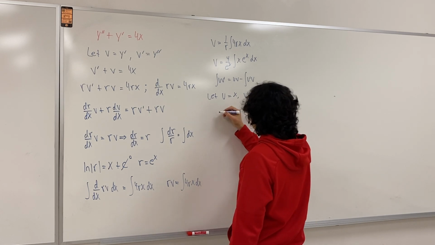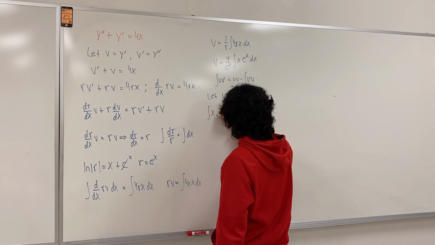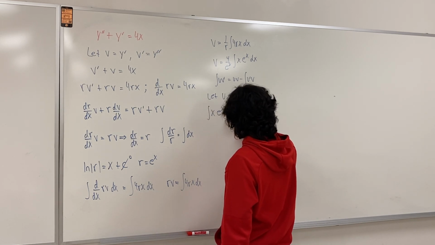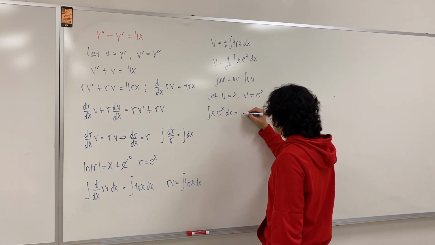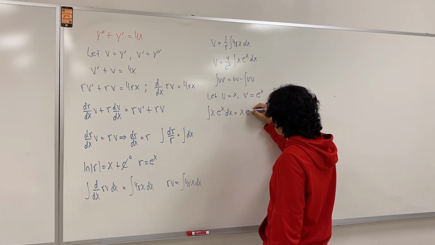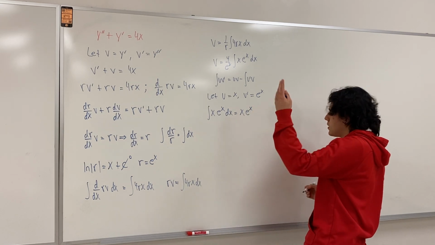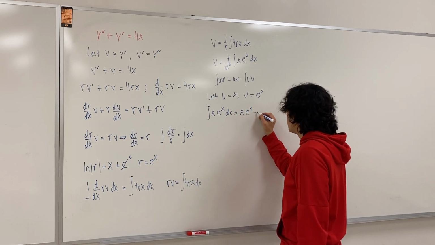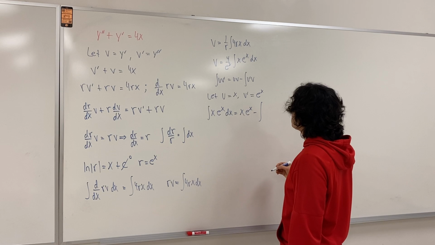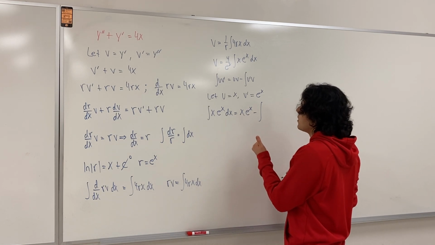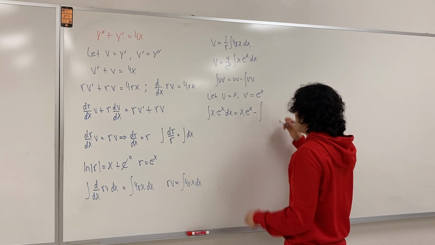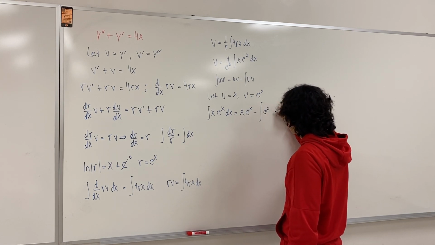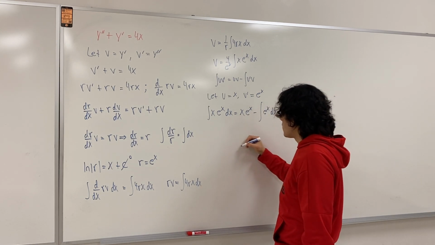Then the antiderivative of x e to the x dx is going to be uv, so x times v, that's e to the x, minus the antiderivative of, so u prime is going to be 1, so that vanishes, and then v is going to be e to the x. So this is awesome because we get e to the x dx, okay?